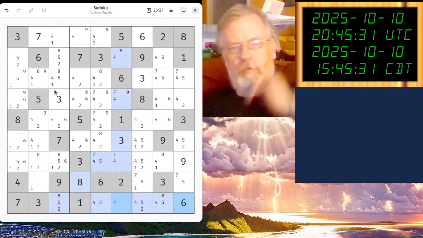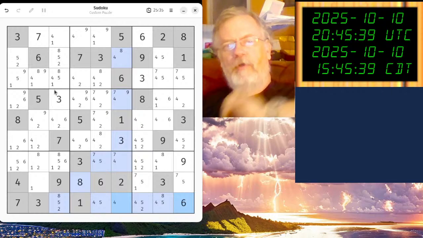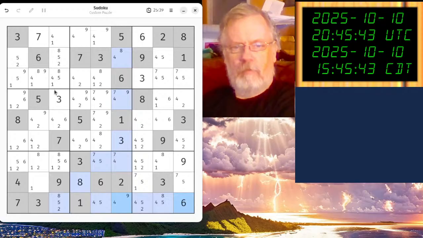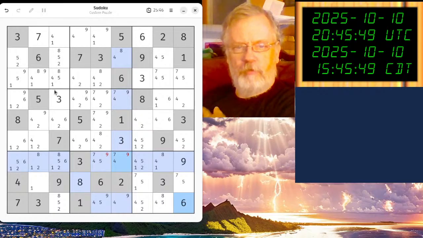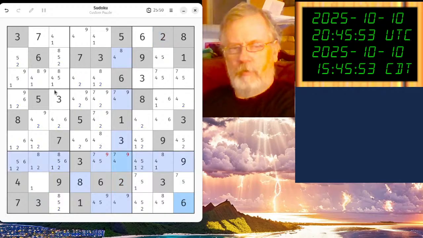This one, now we didn't get 9s dropped into the square. There's four possible 9s here for the moment. We'll see if that persists. Oh wait, no, two possible 9s.